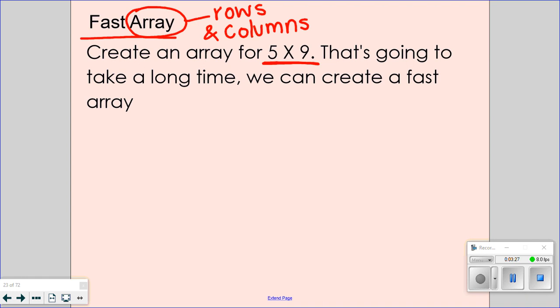We're going to do a fast array next to that. So we've got 5 going across. 1, 2, 3, 4, 5. Right, that would be our first row of 5. So far, so good? We would do that 8 more times for a total of 9 groups of 5.